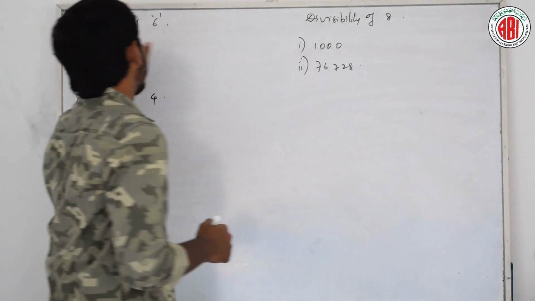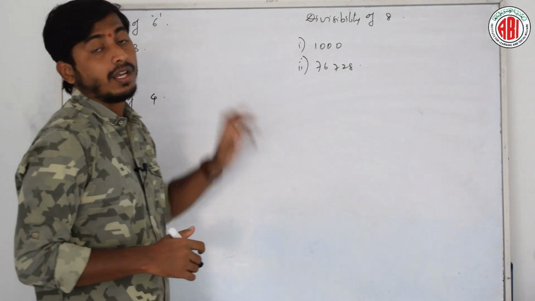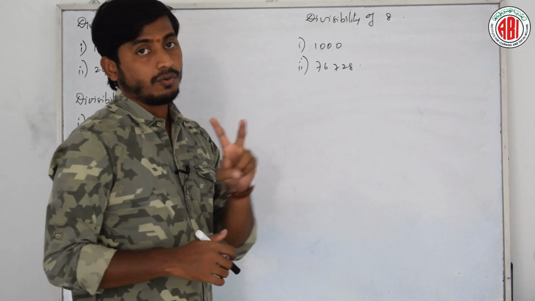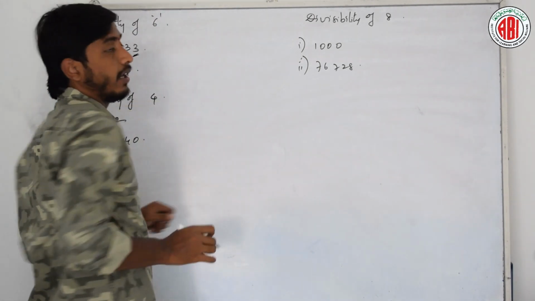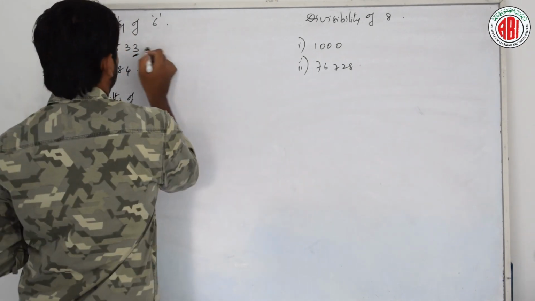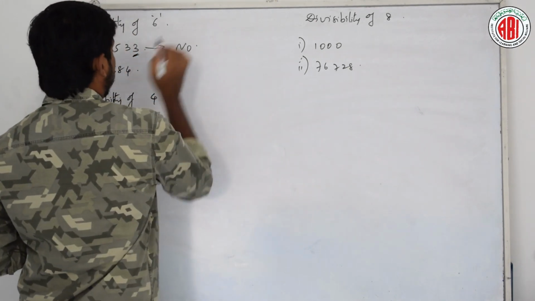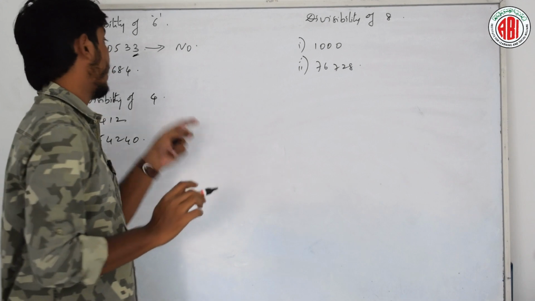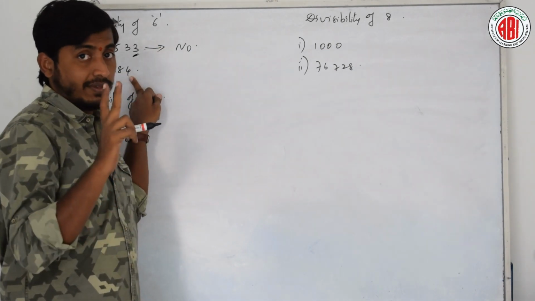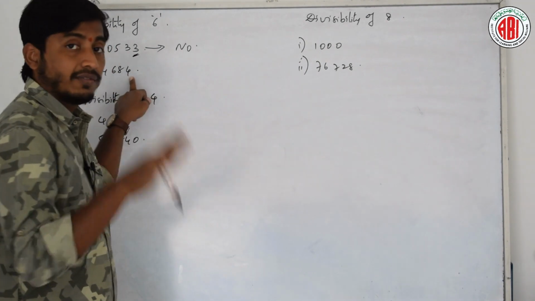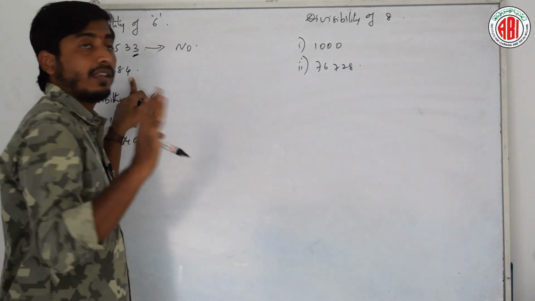Check here. He is asking to check the divisibility of 6. How do we check? Is it divisible by 2 or not? Let us check first. 1's place has 3. Therefore, it is not divisible by 6. Okay? Next, see here. 1's place we have 4. Therefore, it is divisible by 2. Then next we have to check whether it is divisible by 3 or not.